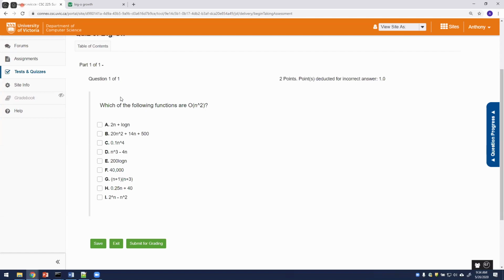So what I can rewrite this as is just 2n, which is obviously less than or equal to 2 times n. So we've got our c and our n naught right away.